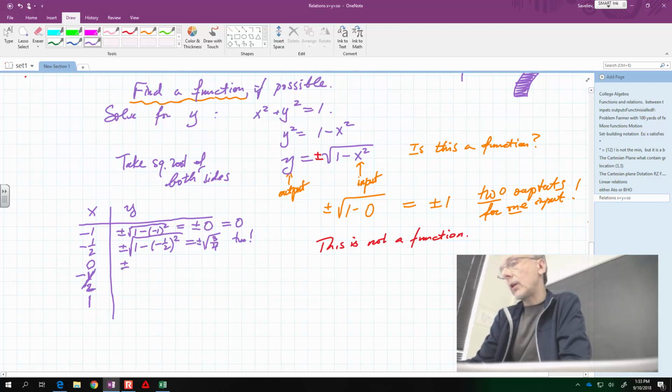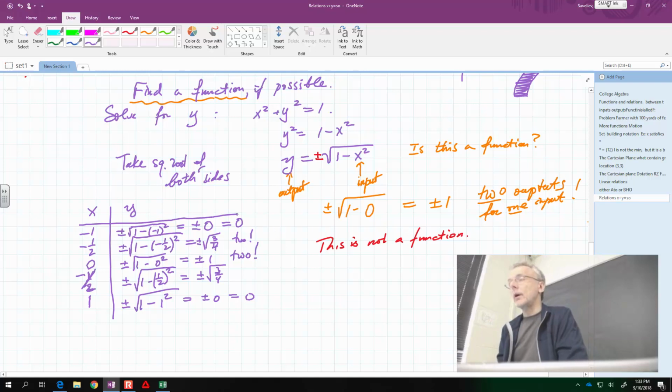Same with 0. Plus or minus square root of 1 minus 0 squared gives me plus or minus 1. It's 2 again. 1/2 gives me once again plus or minus square root of 3/4. At the end, 1 minus 1 squared gives me only 1 answer. That's good news.